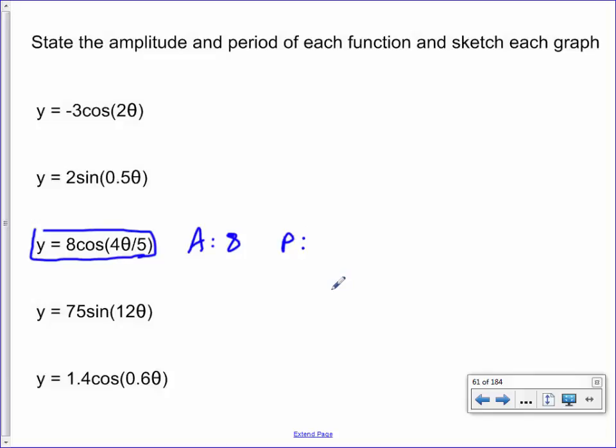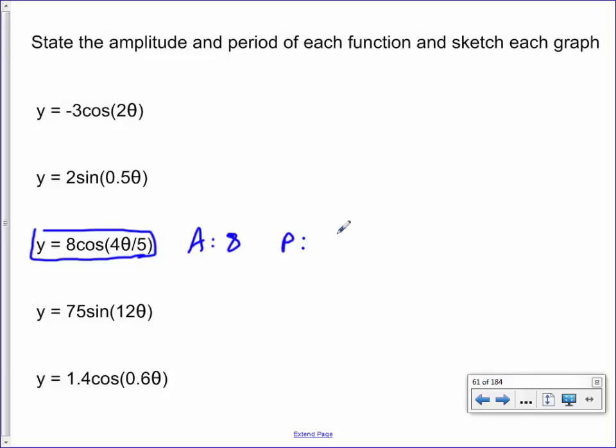When it's 4 theta over 5. Okay, so let's talk through that. If it was a big number, like say 2, 3, or 4, it would squish the graph in. If it was 1/2 or 1/3, it would pull it out. Well, this is 4/5. It's actually a number less than 1.